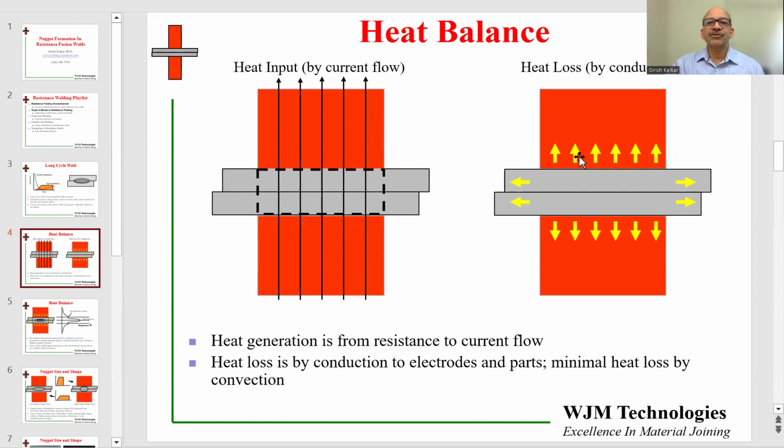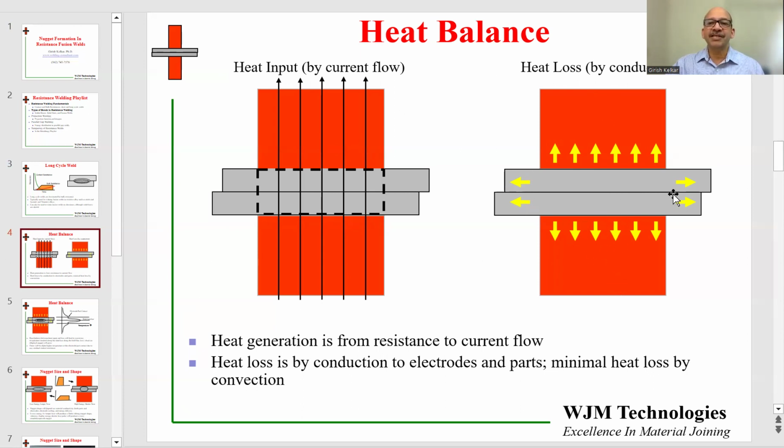However, while we are sending the heat energy in, we are also losing some amount of heat. The heat loss is by conduction. The copper electrodes themselves often are cooled with chilled water, so they provide a source of heat loss. You're going to suck a lot of the heat out from the surfaces of the electrode-part interface.